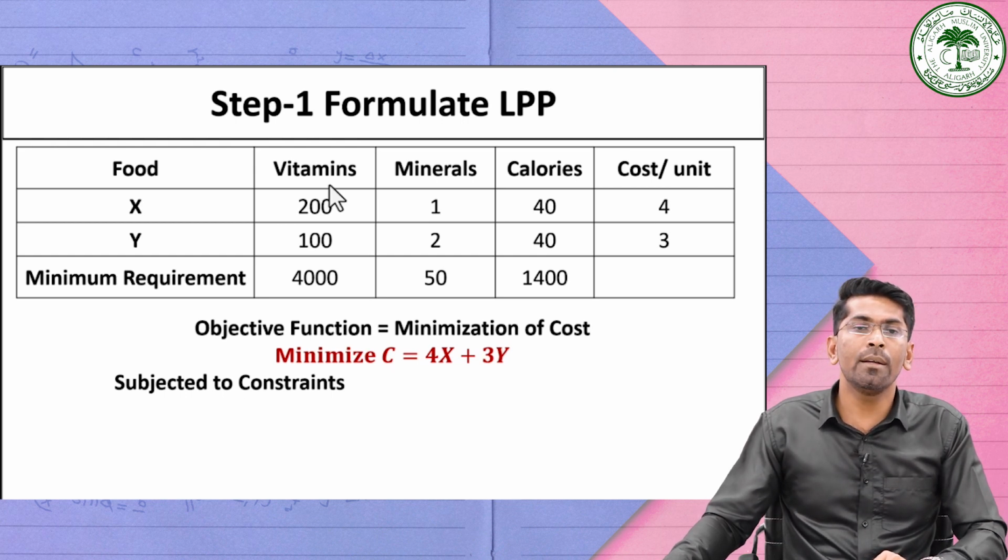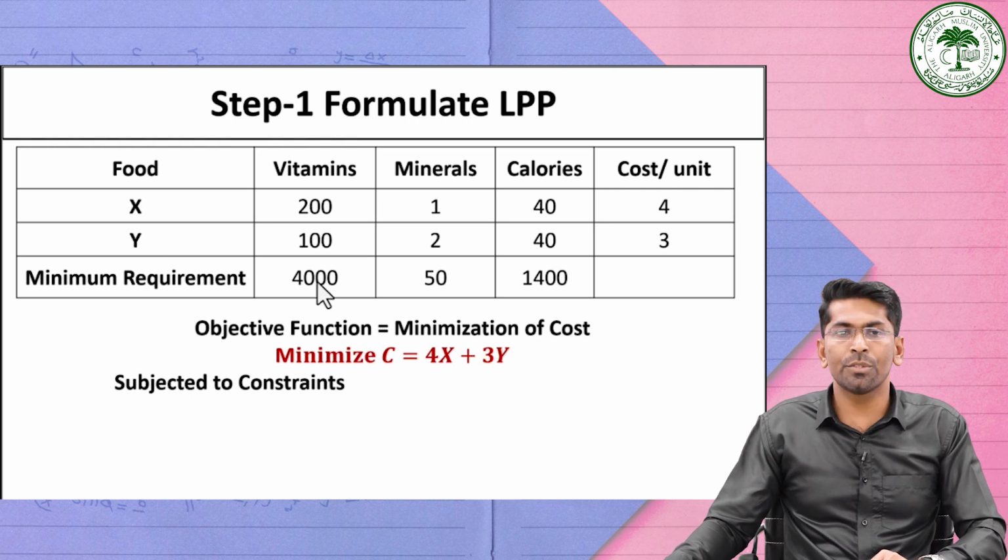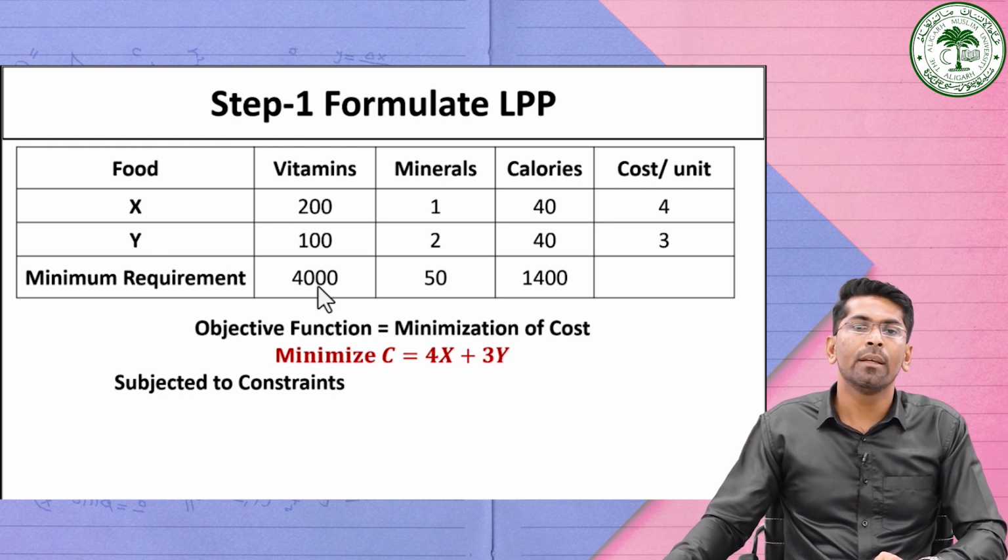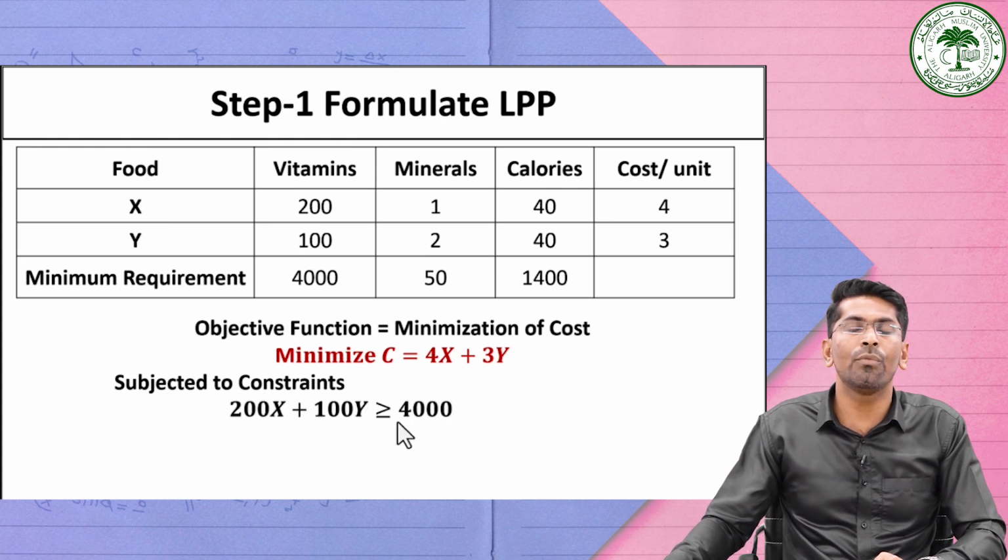In the case of vitamins, 200x and 100y. That means food X contains 200 vitamins and food Y contains 100 vitamins. So here we construct the constraint 200x plus 100y, which is greater than or equal to 4000.